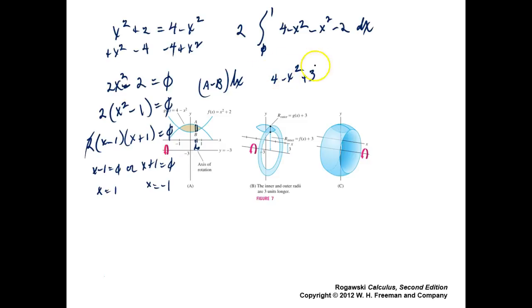And this is your outer radius, R outer, and your R inner is your f, which is x squared plus 2 minus a minus 3, so that's going to be plus 3. Okay? Well, this one is fairly easily seen to be 7 minus x squared, and this one is seen to be x squared plus 5. Okay? Now, those are your difference of the two radii.